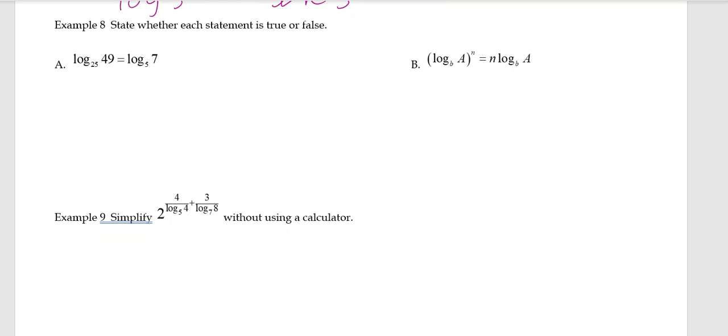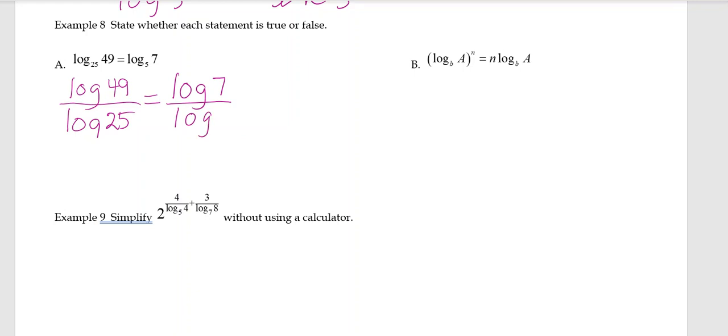All right, so let's use the change of base formula. So on the left, we're going to have the log of 49 over the log of 25. And on the right, we're going to have the log of 7 over the log of 5. Well, they don't look the same, do they?